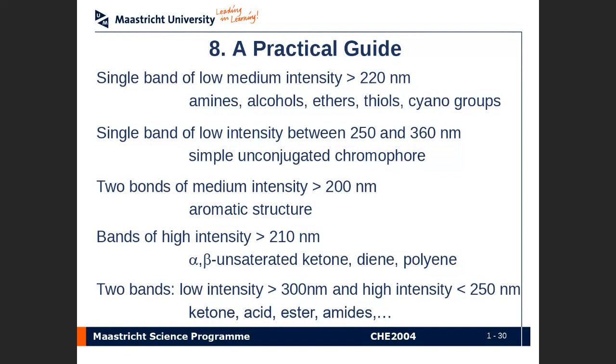If you've got a band of high intensity above 210, it's probably a diene, an unsaturated ketone, or a polyene. We just saw an example of that when we looked at that series of conjugated systems. And if you've got two bands of low intensity, above 300 and another one below 250, it denotes a ketone, an acid, an ester, or an amide.